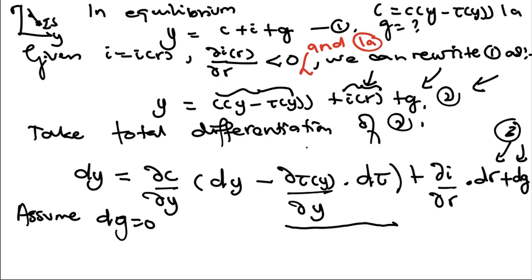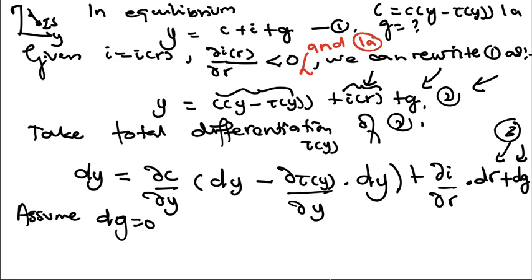The original function is tau as a function of y. So when you differentiate delta T over delta Y, this shouldn't be dT. It should be dY. Is it clear? So that's the mistake.